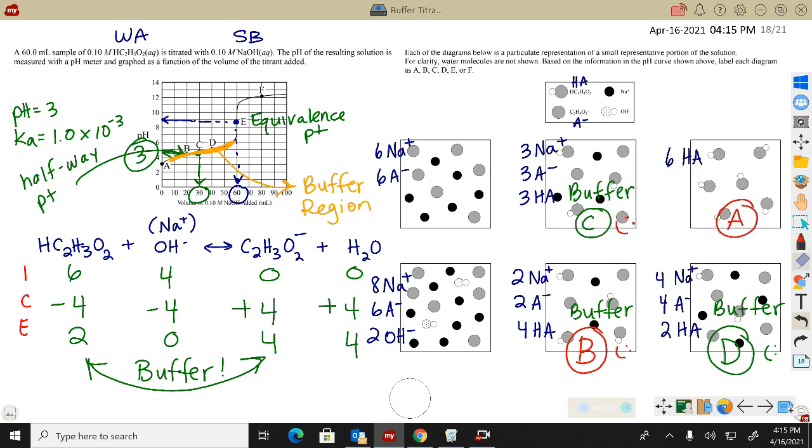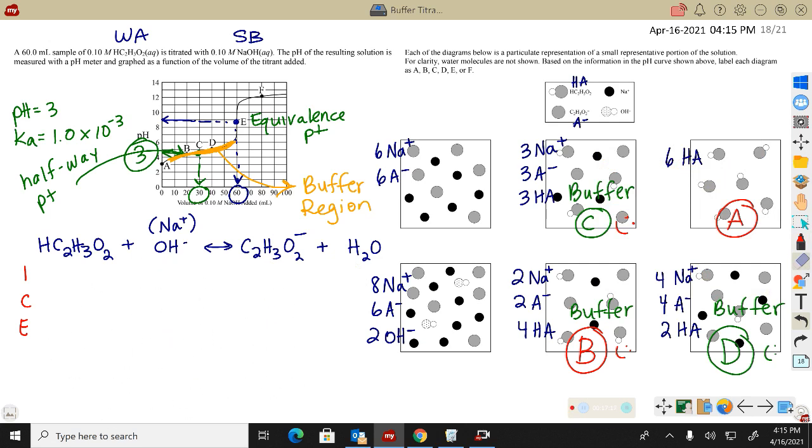Well, let's see if we can find the equivalence point. So we'll get rid of this buffer. So the equivalence point, I should have equal moles of hydrogen and hydroxide. I wonder if that's going to be this guy, point E. Let's see what would happen.